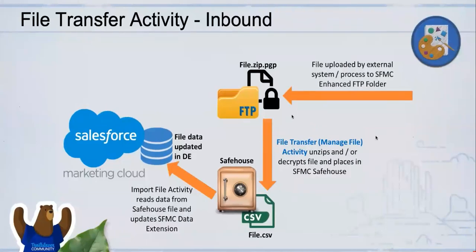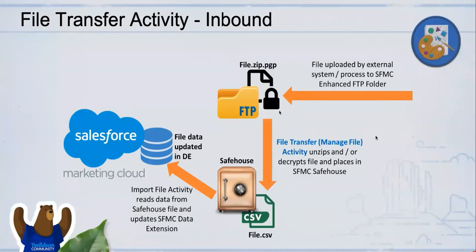Now, in case of inbound activity, what file transfer activity can do is, let's say there's a file which is zipped and also encrypted, uploaded into the FTP folder. So here the name is file.zip.pgp.